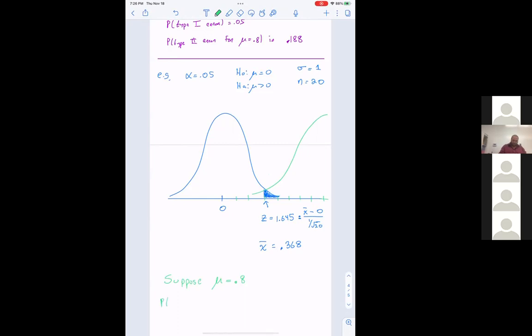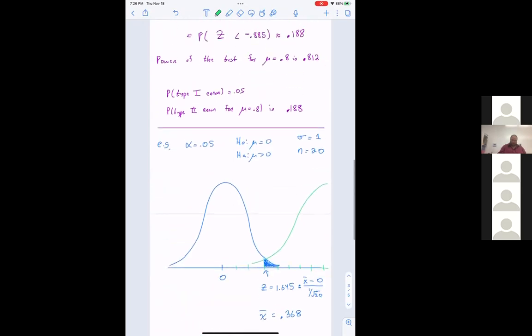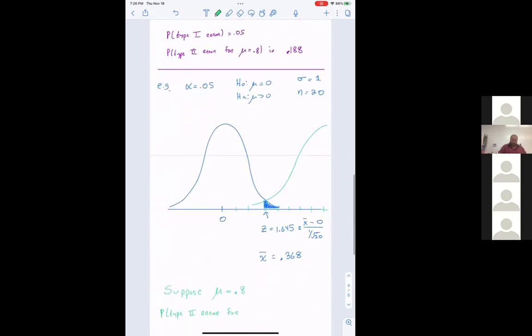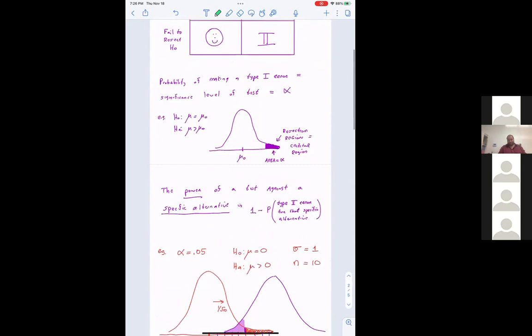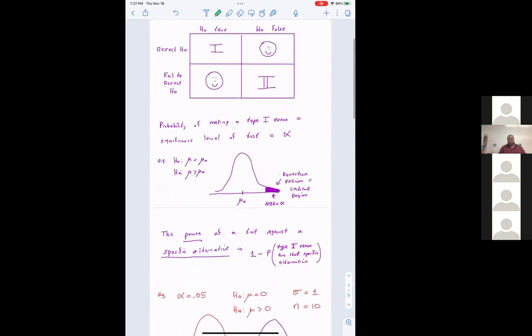So now what's the probability of a type 2 error if mu is equal to 0.8? Well, what exactly is a type 2 error? Remember, a type 2 error means not rejecting the null hypothesis.